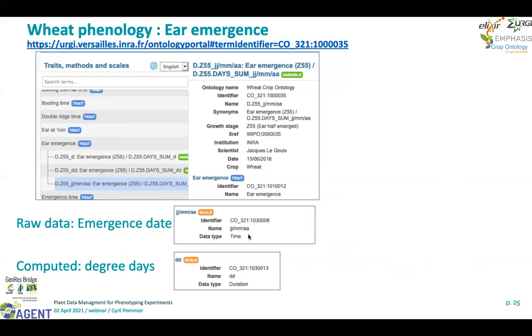You are simply recording the date at which the emergence occurred. And then you've got the possibility to record variables for your elaborated data, for your computed data. Those are the degree days, which are computed from the raw data.